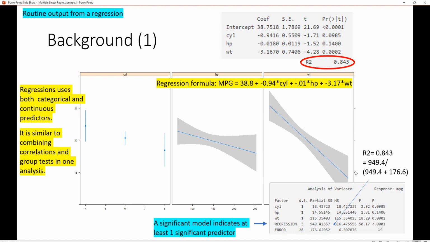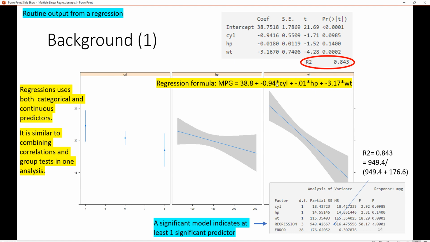And so we also, in the middle, we have graphs. And so we see that these trends do point downward. Weight on the far end has a very steep curve, so we know that's pretty important. We have a regression formula, MPG equals 38.8 plus, and then we begin to enter in the coefficients, the negative 9.94, also negative 0.01 for horsepower, and negative 3.17.